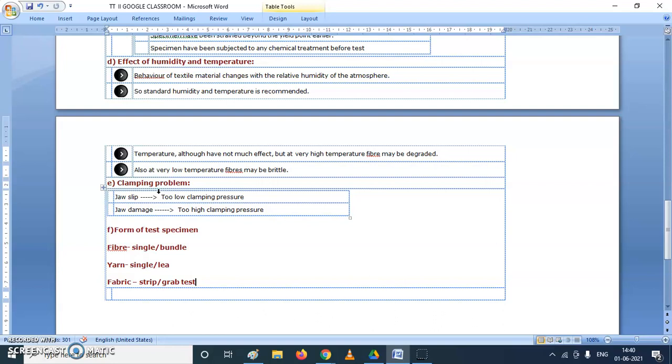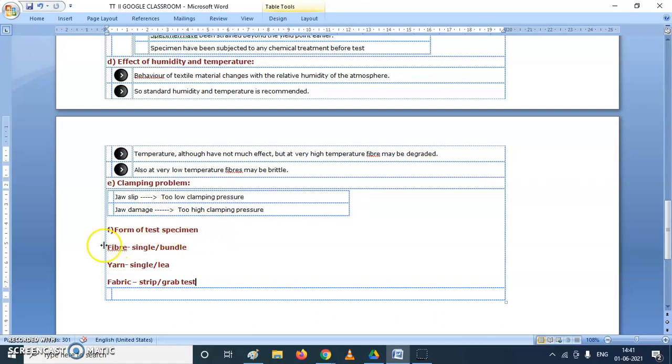Whenever we clamp a specimen and do the tensile testing, we need to observe that clamping pressure should be optimum. Otherwise, if the break is very near to the bottom or top clamp, it should not be considered an accurate reading. So we need to repeat the experiment.